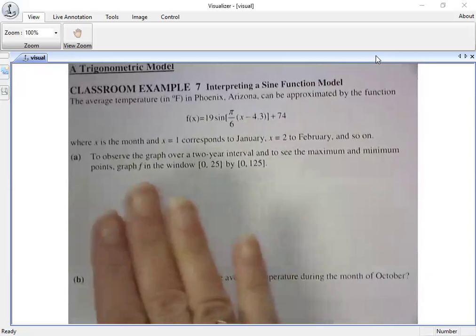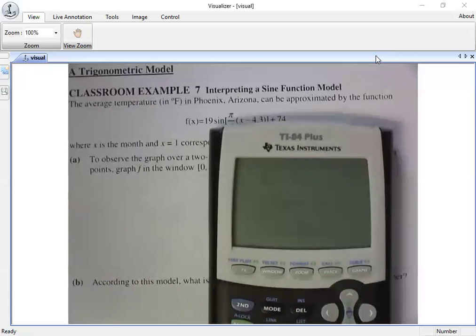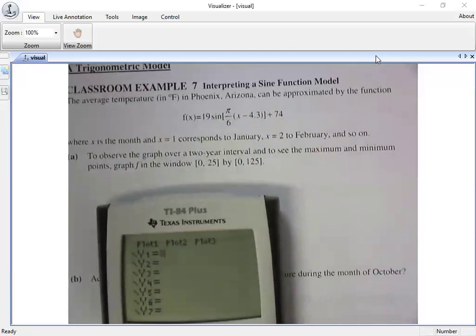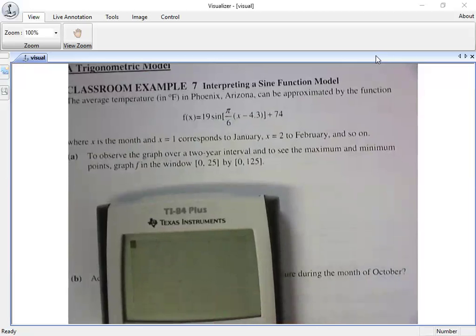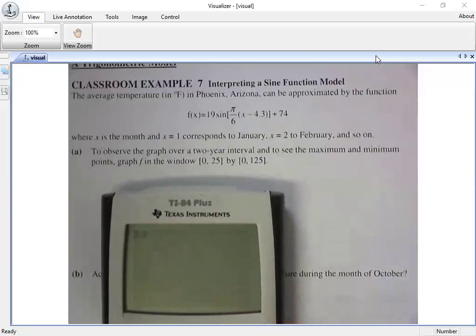Now, we could see what this graph looks like in the calculator. I'm going to go ahead and put it in so you can see it. And I need to be sure that this is in radians, so let me double check that. It is. And I'm going to type in 19 times the sine of, and my angle will be pi over 6.